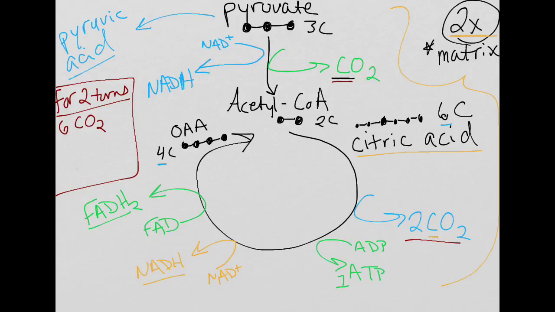And if you look back at the video where we talked about our cellular respiration equation, that is the total amount of carbon dioxide that we make, okay? So we're done making carbon dioxide after the Krebs cycle. We have made, and we're just counting ATP here, 2 ATP for 2 turns, because we make 1 ATP in 1 turn. We're not counting the NADH and FADH2, but you do need to know that they exist.